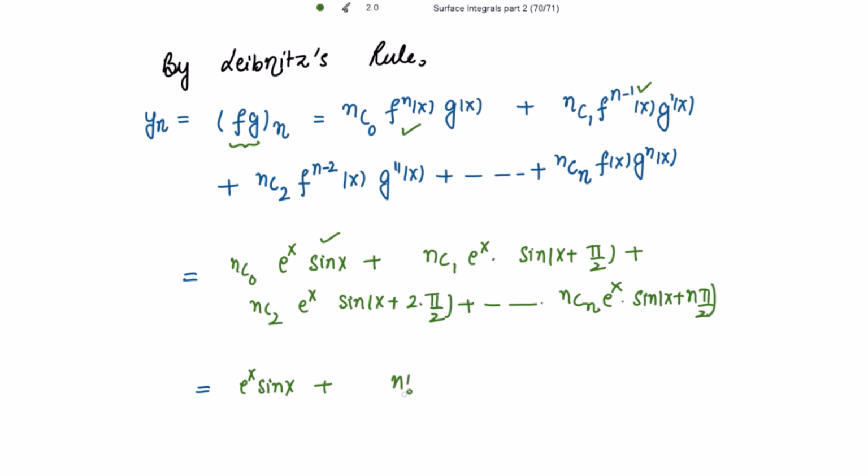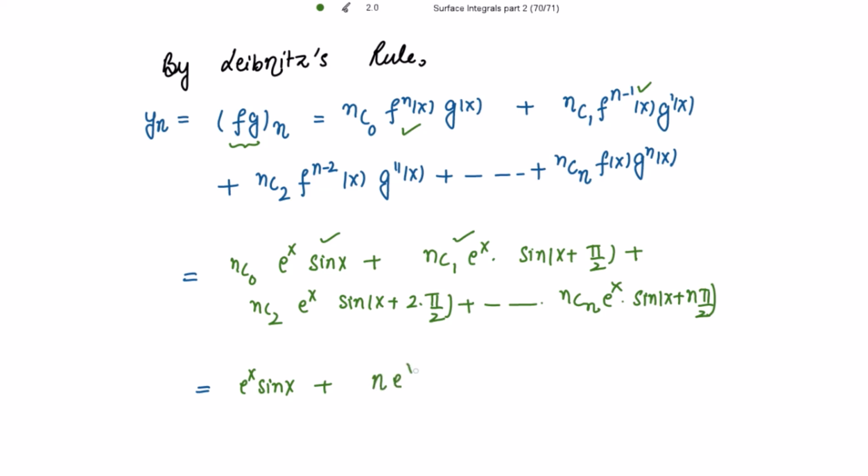Likewise, it is n factorial divided by 1 factorial and (n minus 1) factorial. How can you write n factorial? It is n into (n minus 1) factorial divided by 1 factorial into (n minus 1) factorial. These two cancel out and you get n. 1 factorial is 1. So nC1 is n.